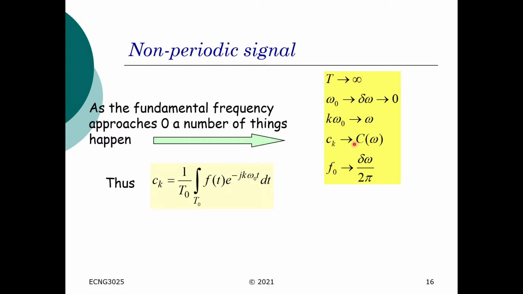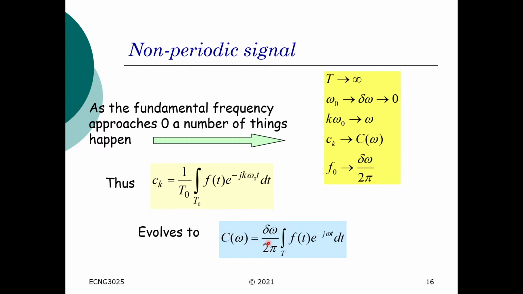That means the function transforms to this capital C of omega. And f naught, being our fundamental or centralized frequency, now tends towards delta omega divided by 2 pi. When all these limits are applied to our original Ck equation representing our Fourier series analysis, this equation evolves to this capital C of omega.